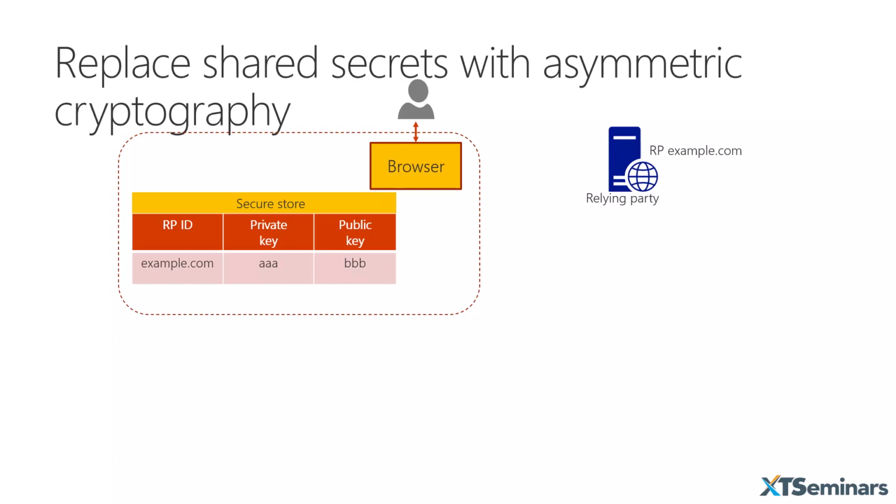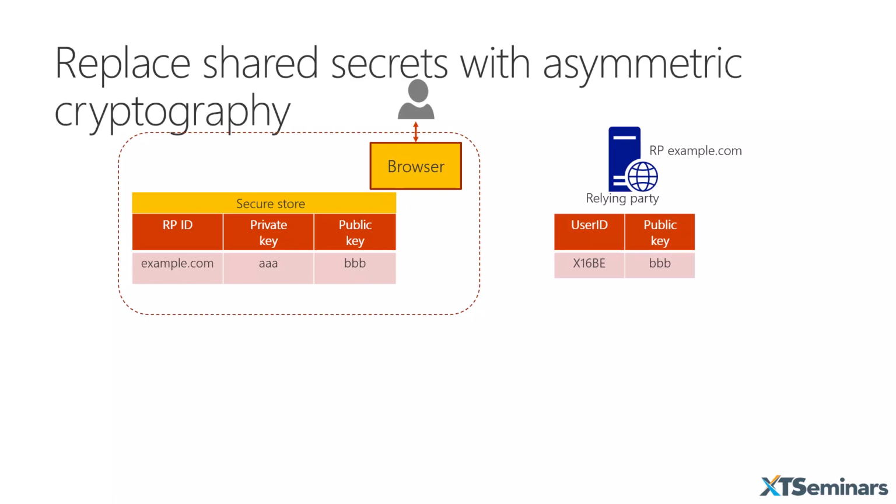Right? And to actually allow the user to gain access to that relying party, there'll need to be a thing called a registration ceremony. Because what we do is the user, for a particular relying party, generates a private and public key, and then the public key is registered with the relying party.